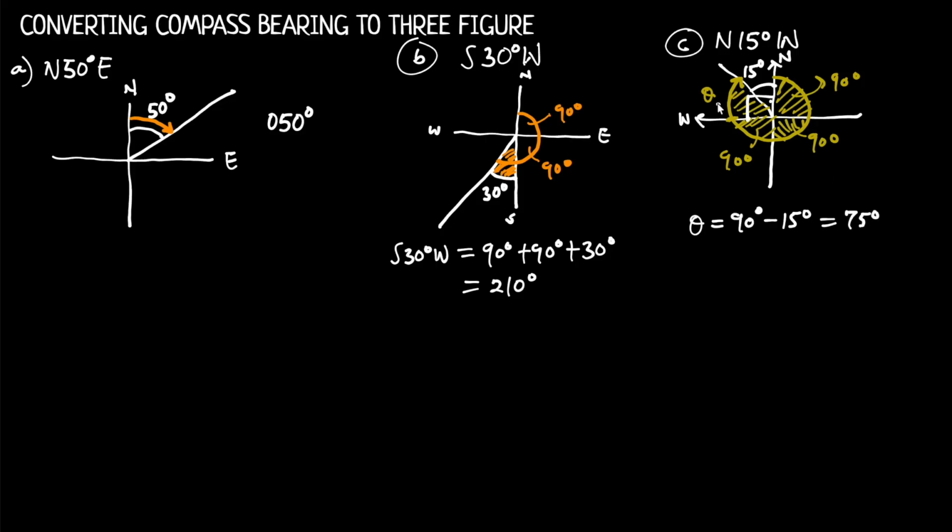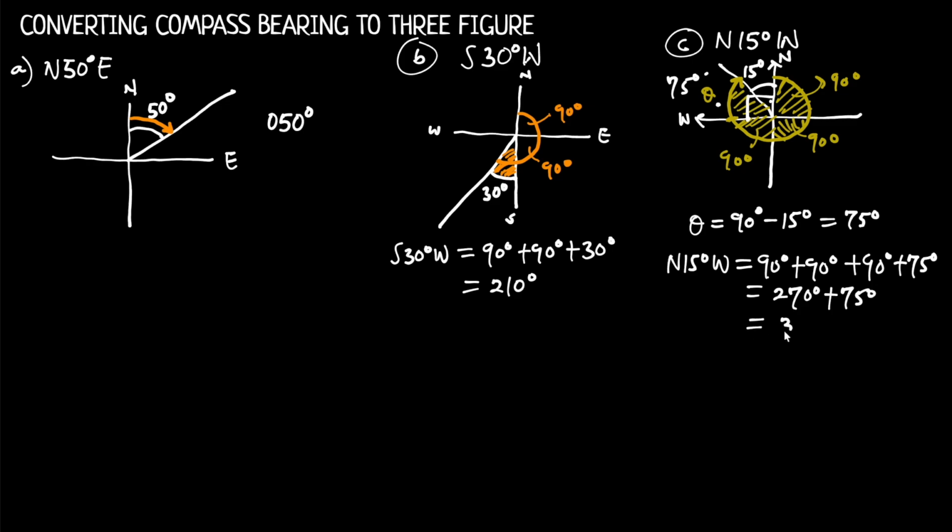So which means this missing part here is 75. So which means that north 15 degrees west is going to be equal to 90 plus 90 plus 90 degrees plus 75 degrees. That is 270 plus 75 degrees. That's 345 degrees.